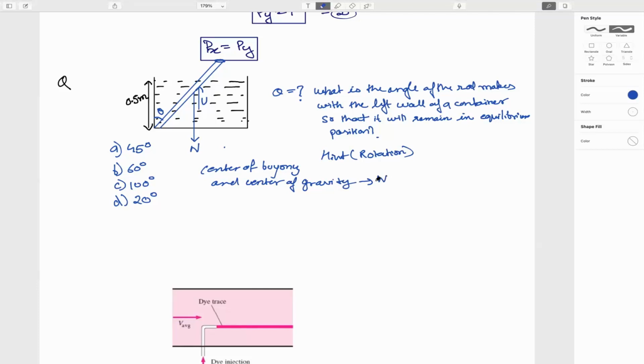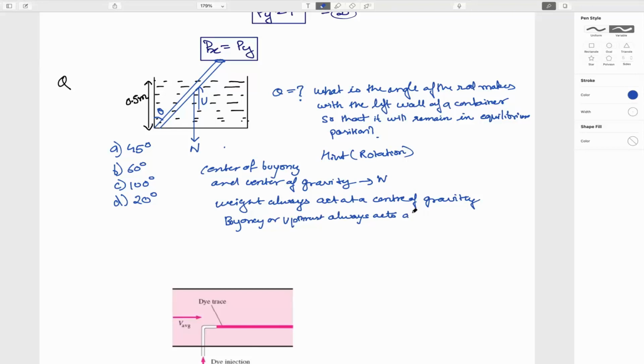Weight always acts at the center of gravity, and buoyancy or upthrust always acts at or from the center of buoyancy. So that is the important concept.